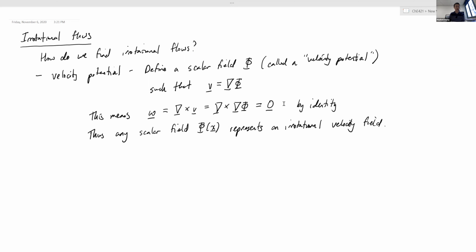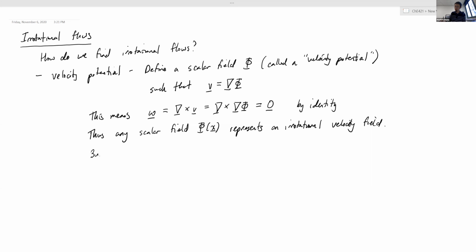Okay. The one caveat that we have for this is just like what's always been true for every problem that we've always solved, it must still satisfy the continuity equation, right? And if we just pick a random scalar field out of a hat, and you take a gradient of that, it might not necessarily satisfy the continuity equation, right? And so we need to impose that as a condition for whatever phi we choose. Okay.